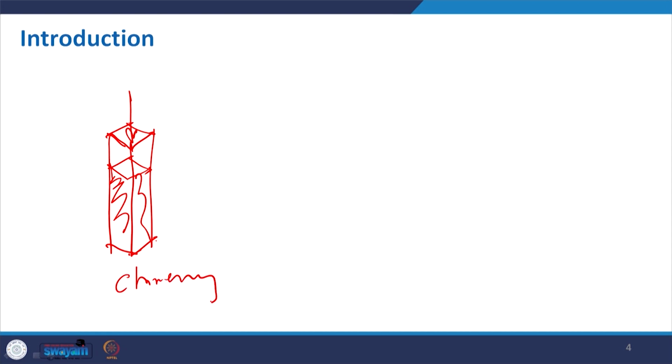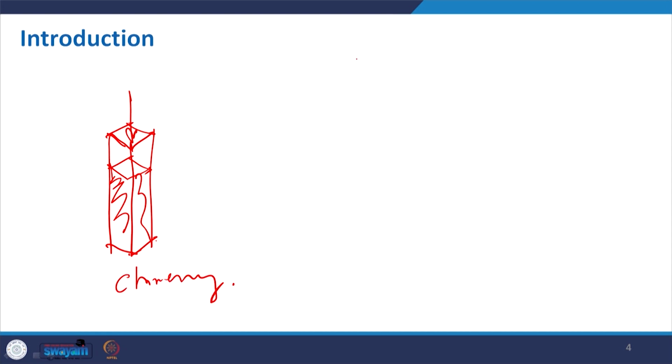Based on this initial discussion, what did we find? Whenever we have a short column and apply load, it will get shortened, and then finally it will crush. Crushing is the phenomenon there.